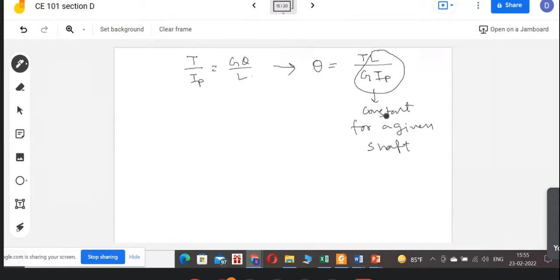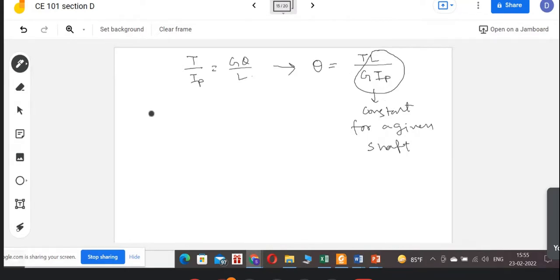That is, for a given shaft means if the material is constant, if the cross section is the dimensional property L, that is also, if it's constant, it is fixed, and this IP is also the cross sectional property that is fixed.